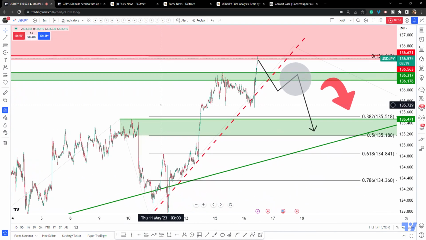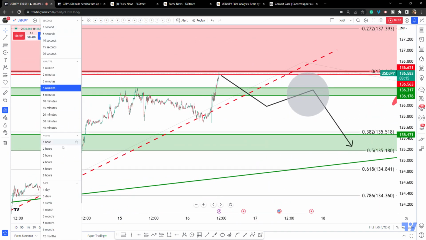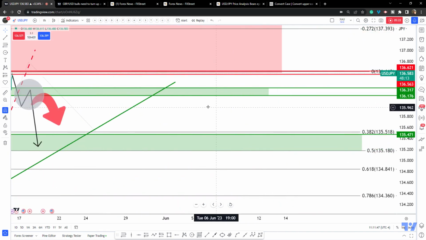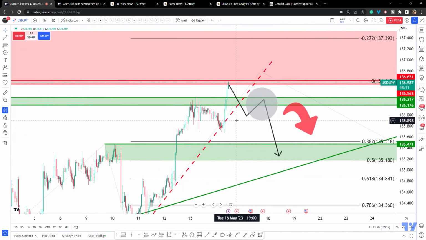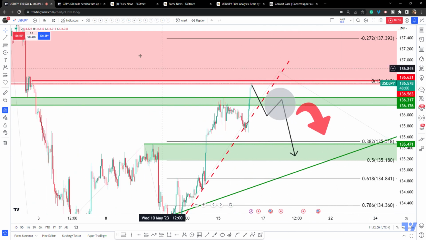So we've got this current bullish impulse occurring, which, as I said earlier in this video, I'd expect it to peter out and move in to retest the support. And if the support fails, then the thesis will start to build for a correction lower.